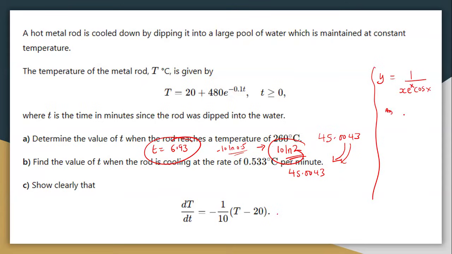Your answer should be, okay, you try that one as well. Try that one and see what you come up with.